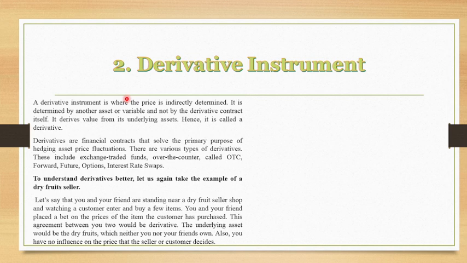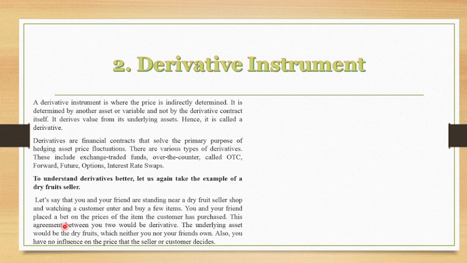Now we'll see an example of a derivative instrument to understand it clearly. Let's say that you and your friends are standing near a food seller shop and watching a customer enter and buy a few things. Now you and your friends place a bet on the price of the item that the customer has purchased.